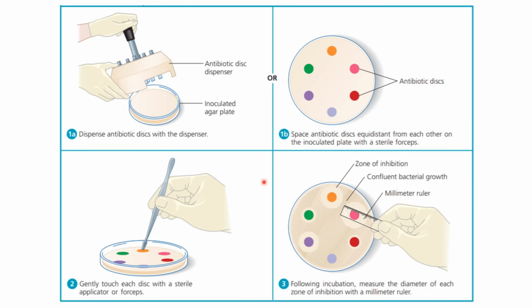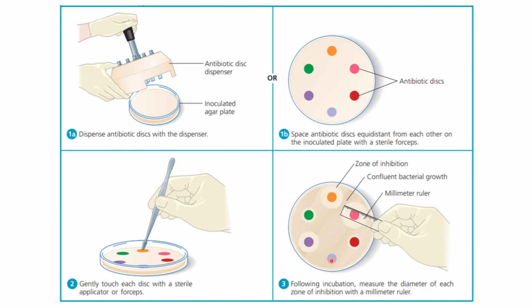After the incubation period, you can see that there is essentially a lawn of the organism that grows, and if the organism is susceptible to that antibiotic, there will be a zone of inhibition. In other words, because antibiotics have diffused in this region, the organism will not be growing, and if it's resistant to it, you can see that the organism will grow through the disc.